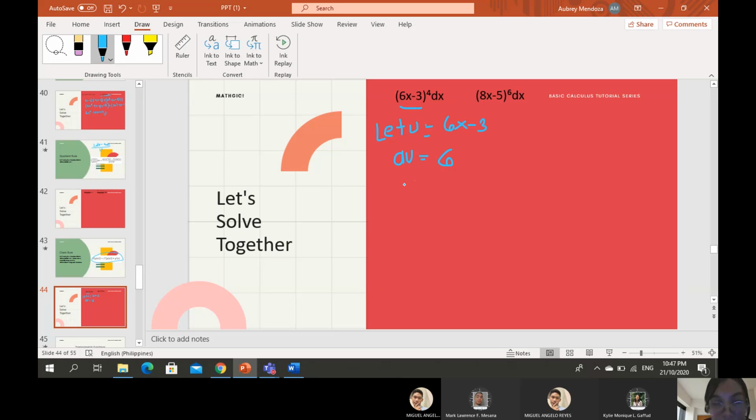So after that, we need to substitute. So we have here u for du. Then let's get the derivative of u raised to 4, which is 4u raised to 3.